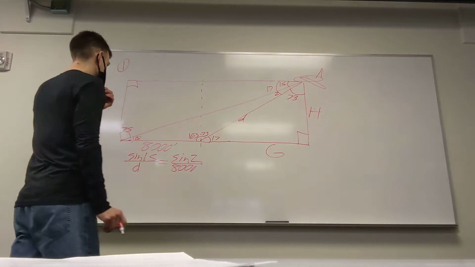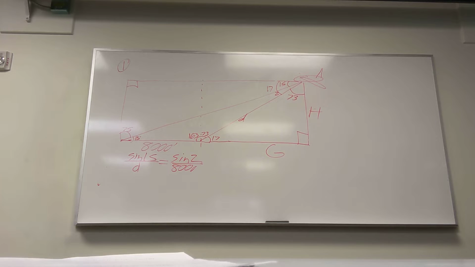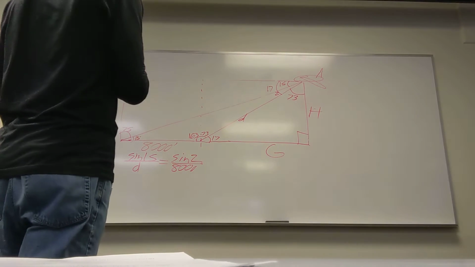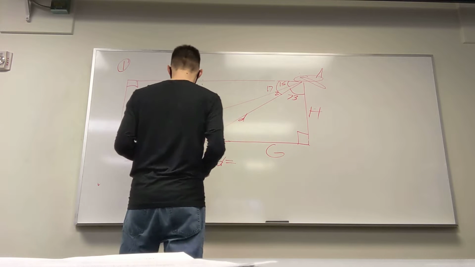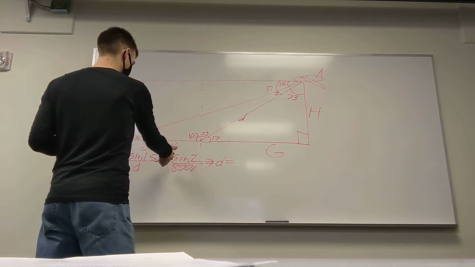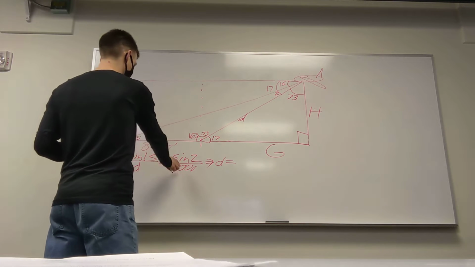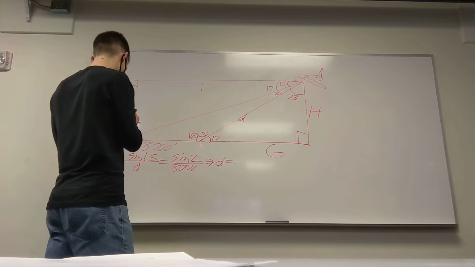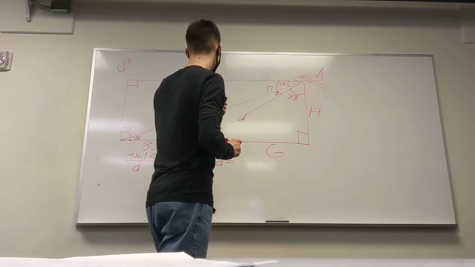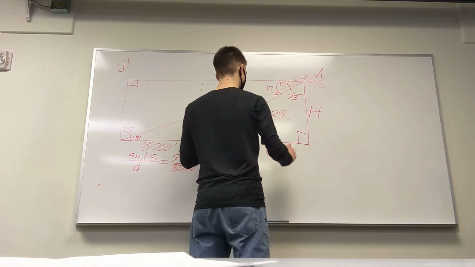So opposite legs, opposite angles, and so D equals, you can cross multiply and divide by sine if you want, or multiply by inverses. So sine of 15 times 8,000 over sine of 2, divided by sine of 2. 59,329. Right, there you go.